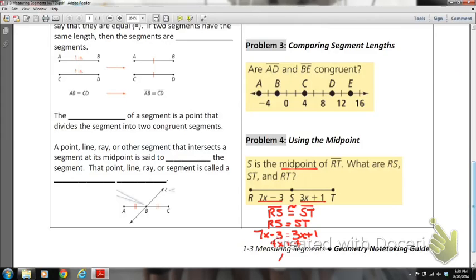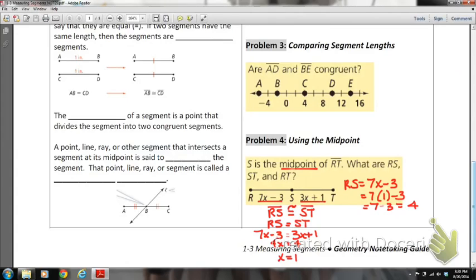Divide both sides by 4, and x is equal to 1. So now we need to substitute this back in to find our lengths. The length of segment RS, according to the diagram, is 7x minus 3. Substitute in the 1 for the x, so 7 minus 3 is equal to 4.